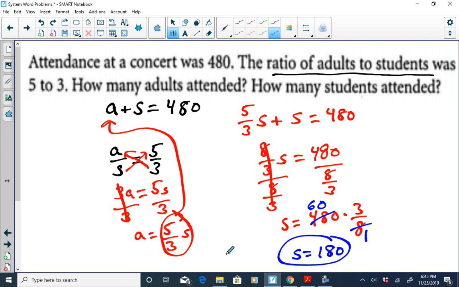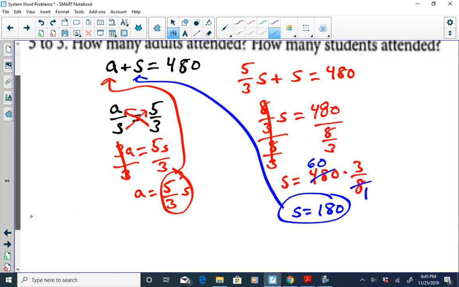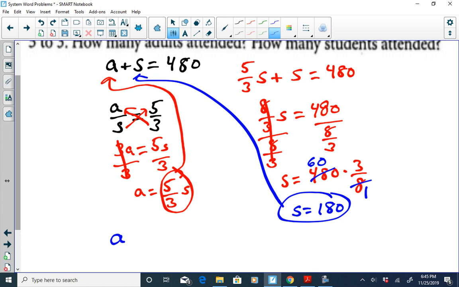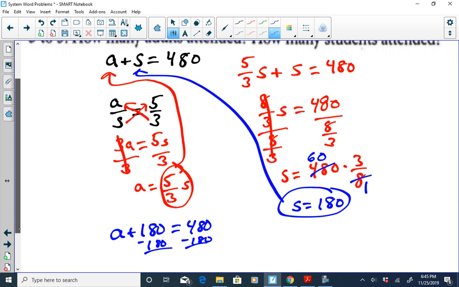So now that we know the number of students that attended the concert was 180, I simply want to bring that up here to find the A, the number of adults. All right, so A plus 180 is equal to 480, and if we solve that for A, we'd subtract 180 from both sides of the equation.